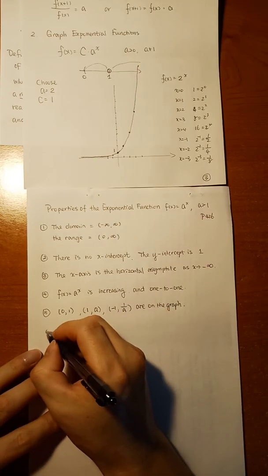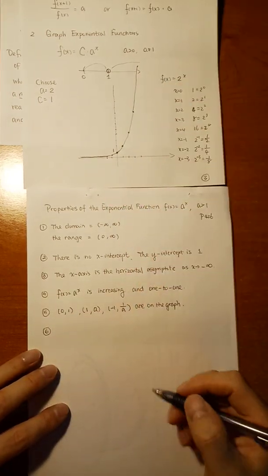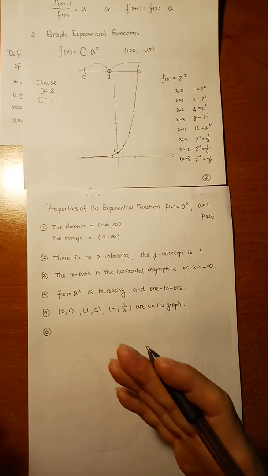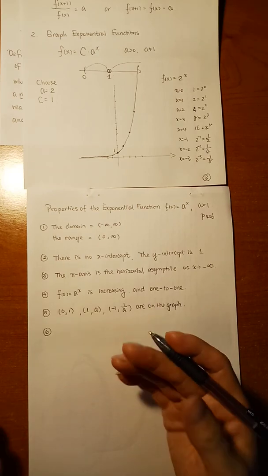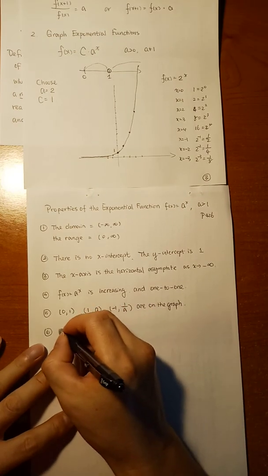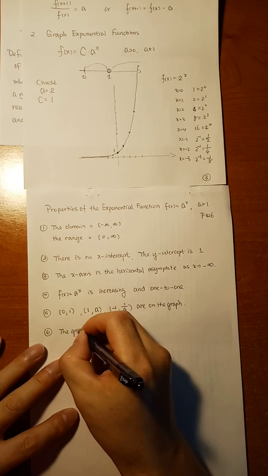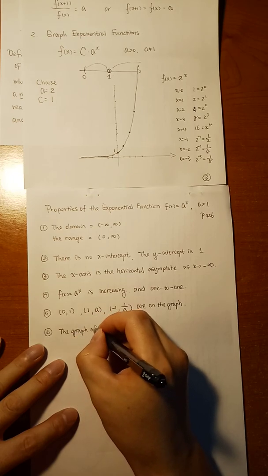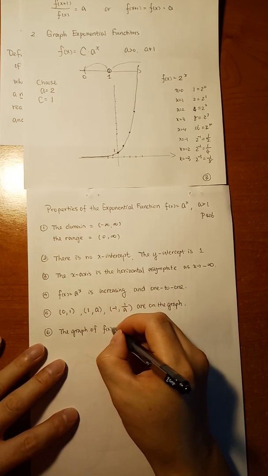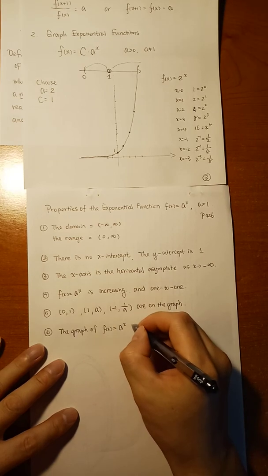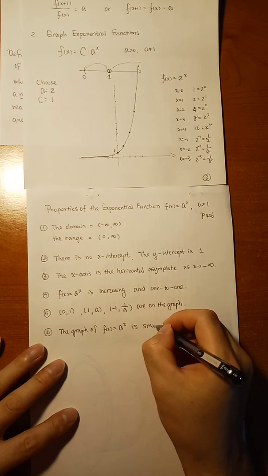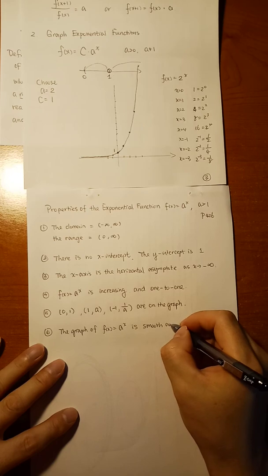And from the calculator graphing, we can see that the graph of f(x) equal to a to x is smooth and continuous.